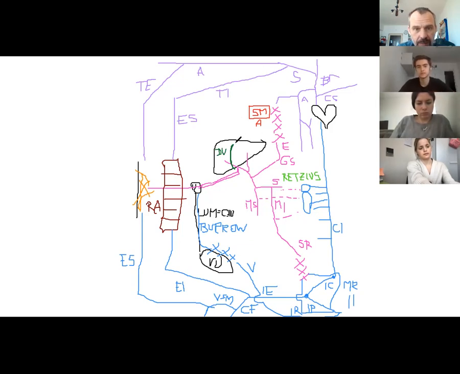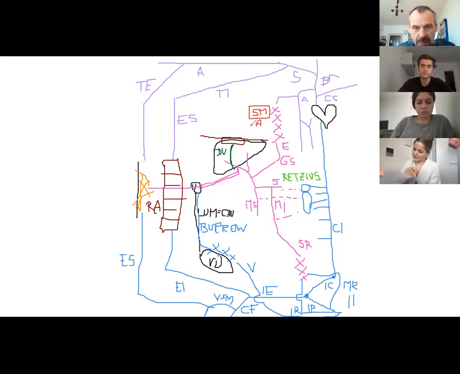And the very last one, how we call this area on the liver? Area nuda. Perfect, area nuda. So then we have here the diaphragm. And the veins of the capsule of the liver are connected via the area nuda to the veins of the diaphragm.